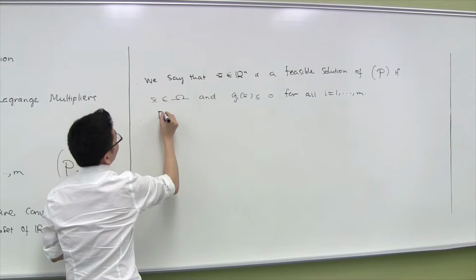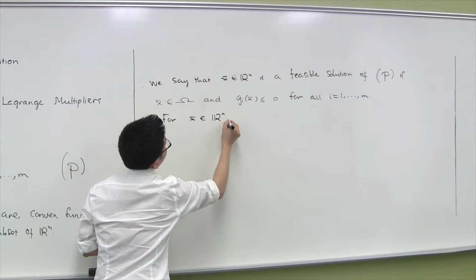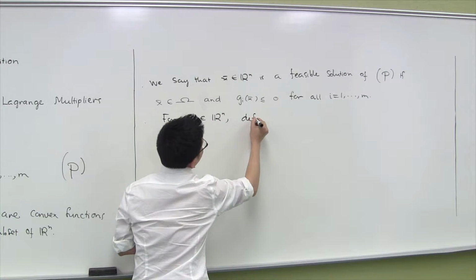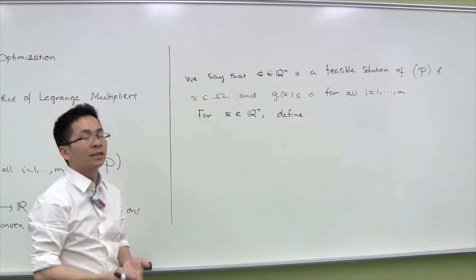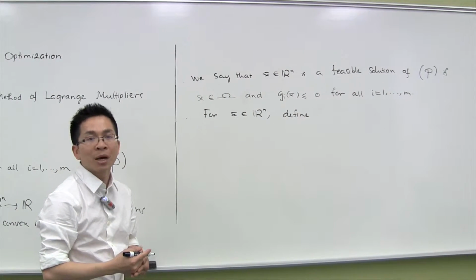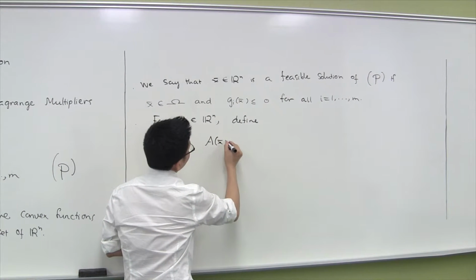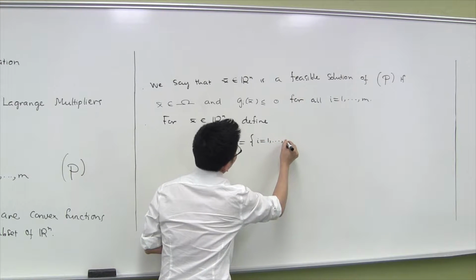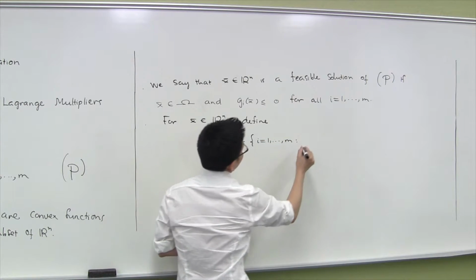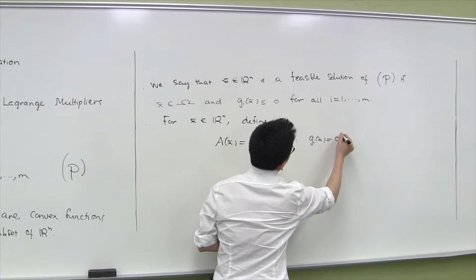Okay, and for x bar in Rn, we also define the set of active indices associated with problem P by A of x bar. This is the set of all i from 1 to m such that gi of x bar is equal to 0.